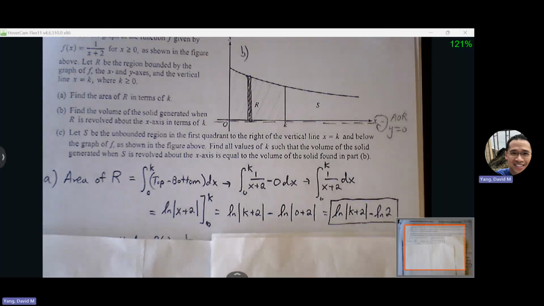Area is just top graph minus bottom graph. This is meant to be non-calculator, so I want to see your work.